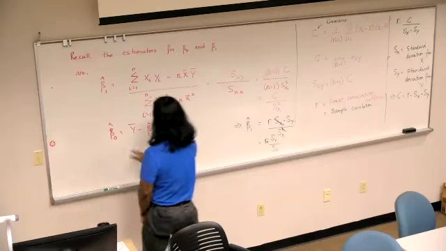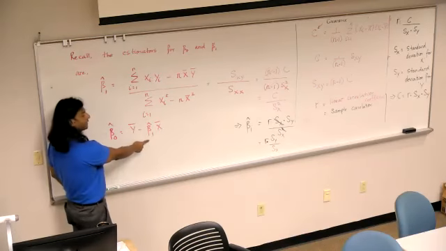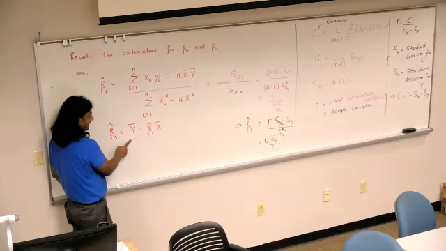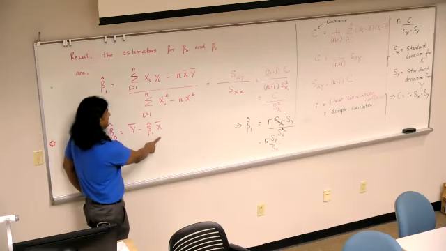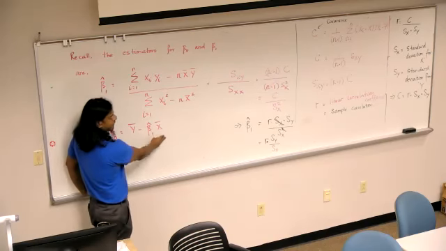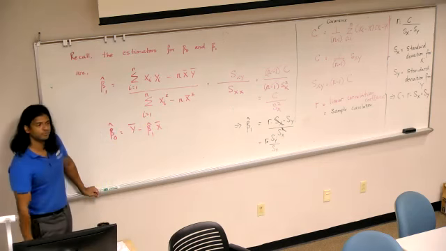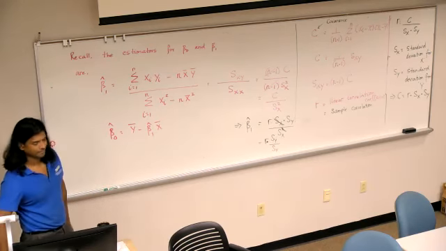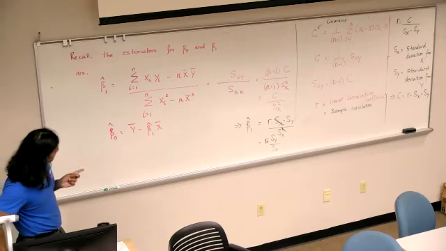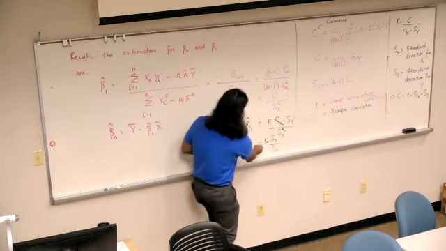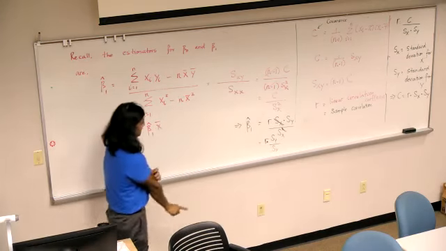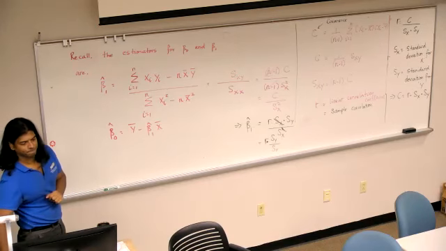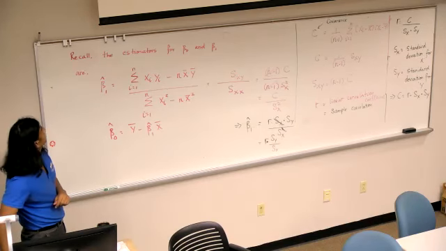Once we find that, we go back here, plug in beta 1 hat, the sample mean for x, the sample mean for y, and you will solve for beta 0 hat. Good? So far? Okay. And finding these is relatively easy using your calculator, we're going to get into that. Okay, time for an example.